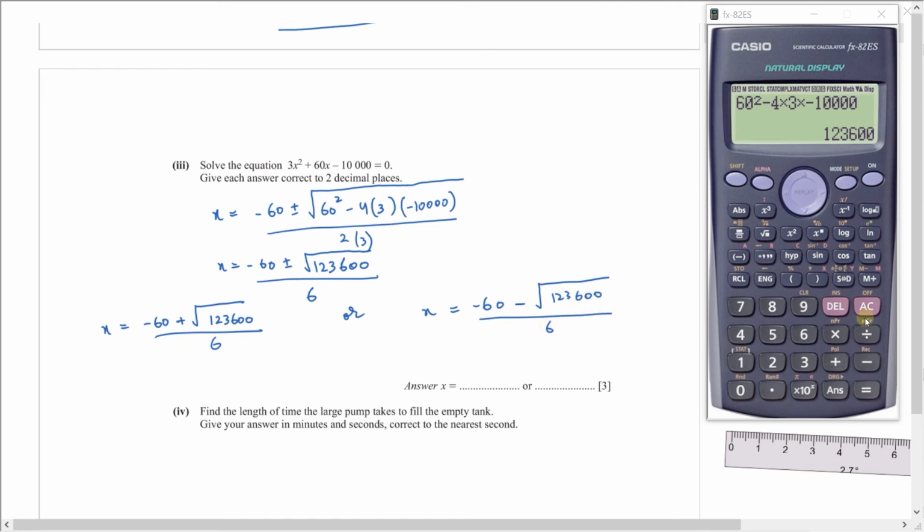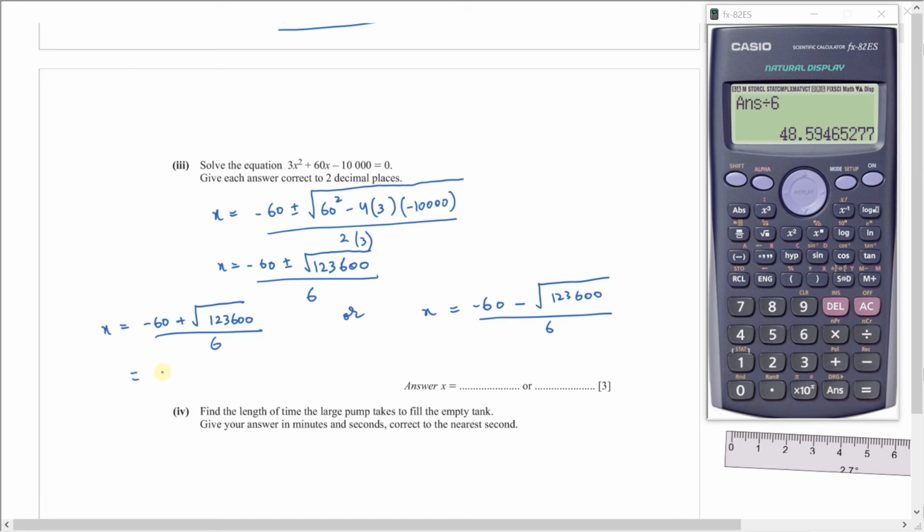So let's calculate this first. Square root of this and then minus 60 here and then divide by 6. So here you get 48.59, correct to two decimal places. So you have to find up till two decimal places.